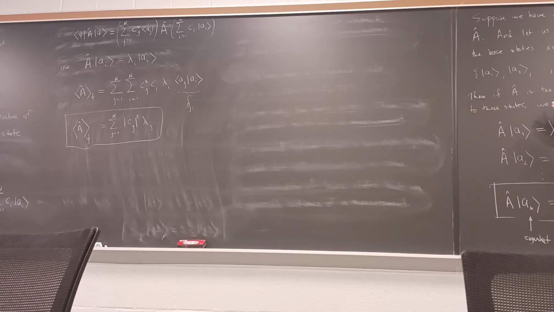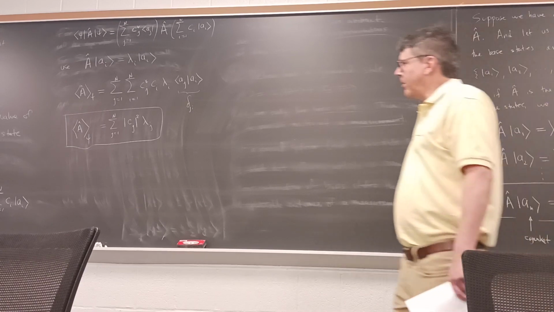This is like the h bar over 2 and minus h bar over 2 in the spin experiment. But now these could be different things. And remember that these Cj squareds sum to one, and these are the probabilities that a measurement would find the system in any particular state.